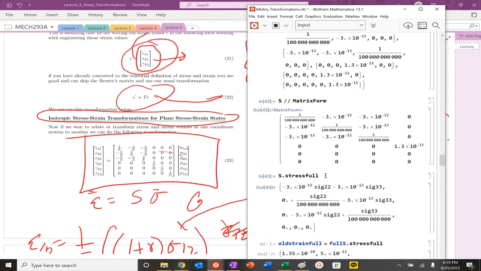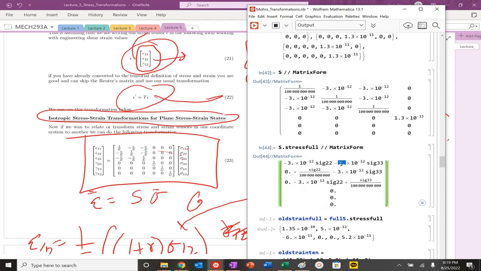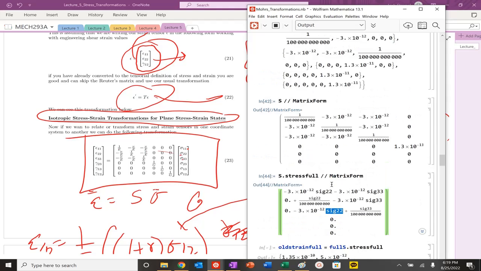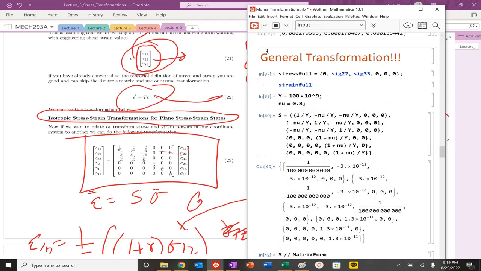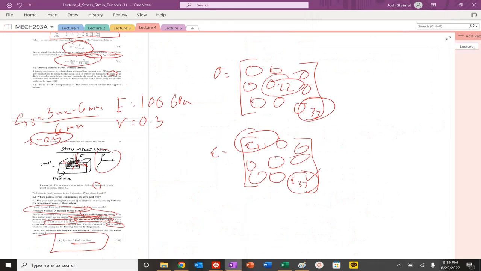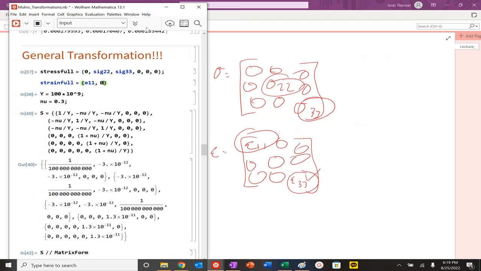Let's look at this matrix form. I've got 3 equations, and I also know my strain full for that problem. I didn't know what my E11 was. I knew that my E22 was 0, and I knew that my strain in the 3 direction was 0.5, and everything else was 0.